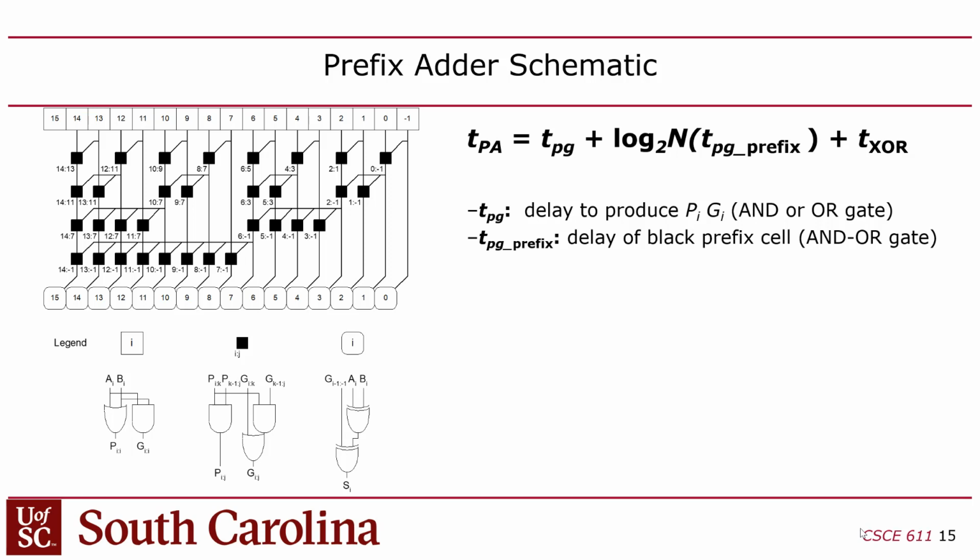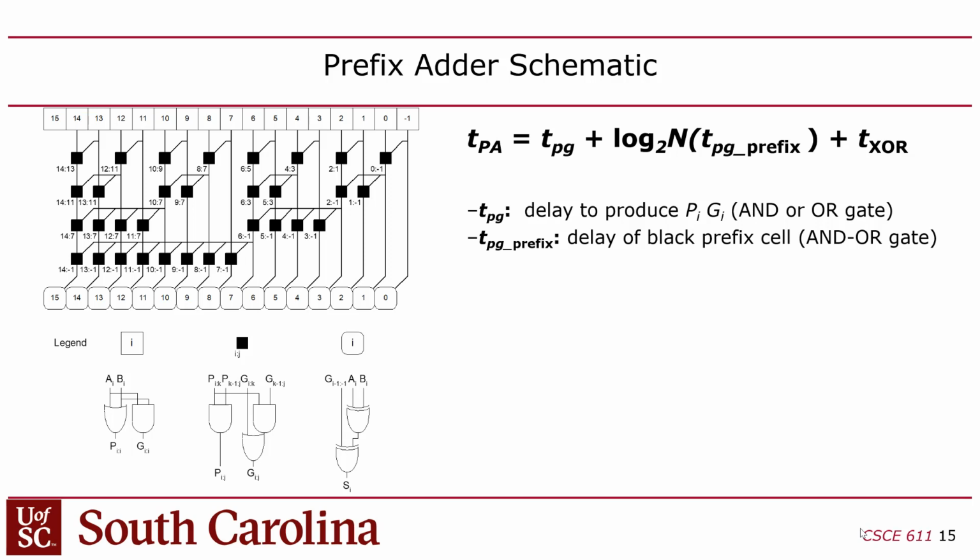Then you can take each pair of generate and propagates from the original guys, and you start to combine them into groups, right? So you have up here 14 and 13. So I've got a propagate and a generate for 14, and I've got a propagate and generate for 13.